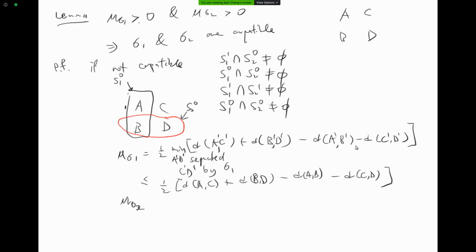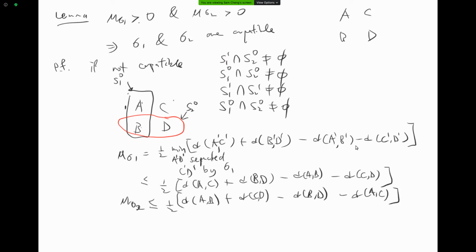Actually, I can just write it out here. So sigma 2 here, it's less than because sigma 2 separates BD from AC, right? So therefore, I should have an equation like mu sigma 2 is less than or equal to AB plus CD, right? AB and CD, and minus BD minus AC.